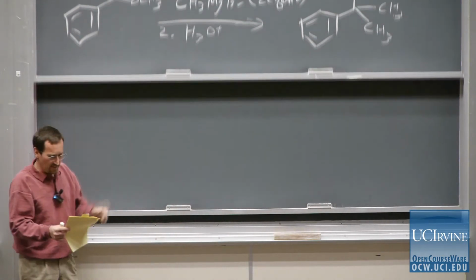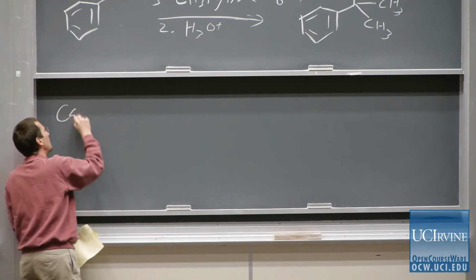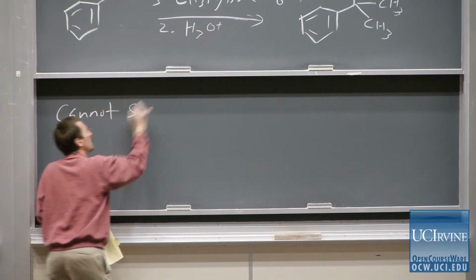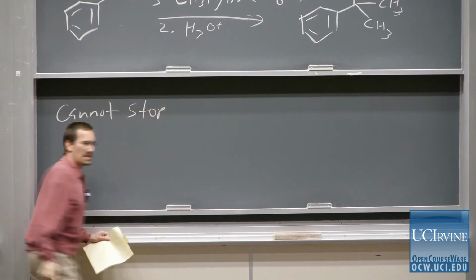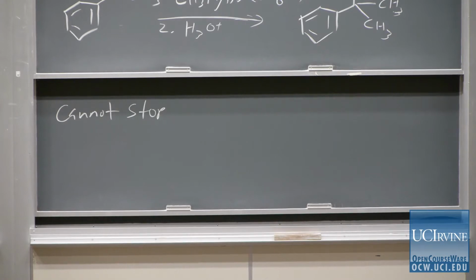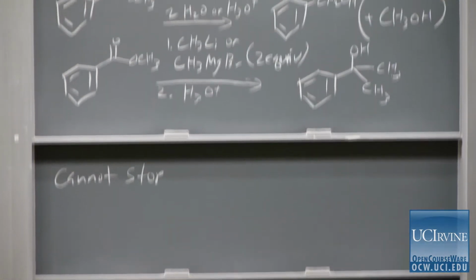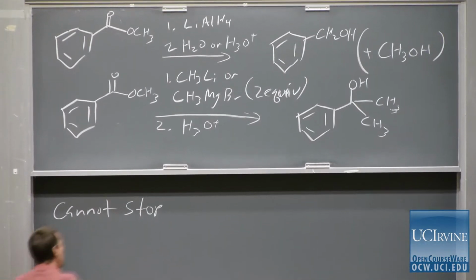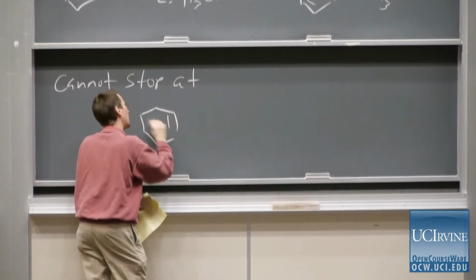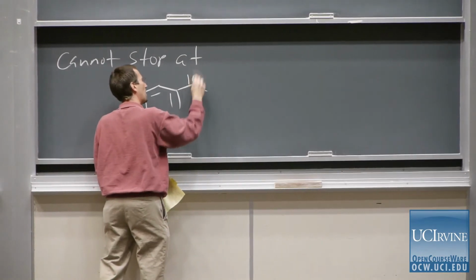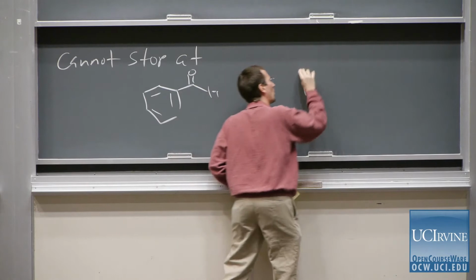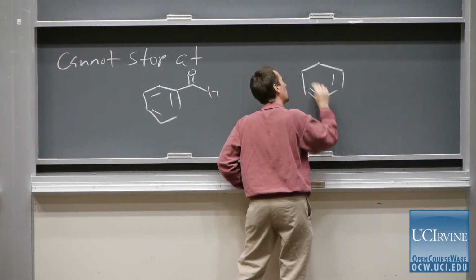And the main point of this example is that we cannot stop these reactions even though they go through the intermediacy of benzaldehyde for the former, and for acetophenone on the latter. We can't stop the first one at benzaldehyde or the second one at acetophenone.